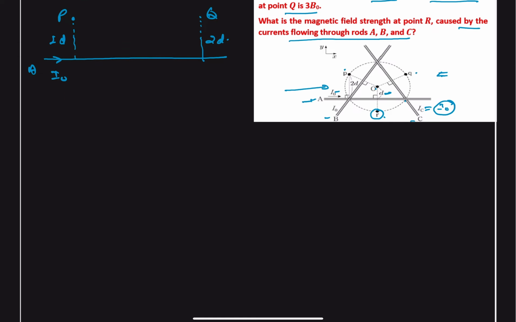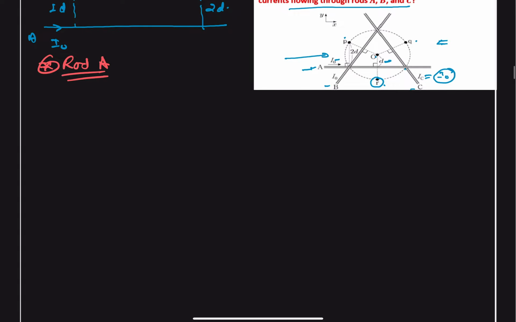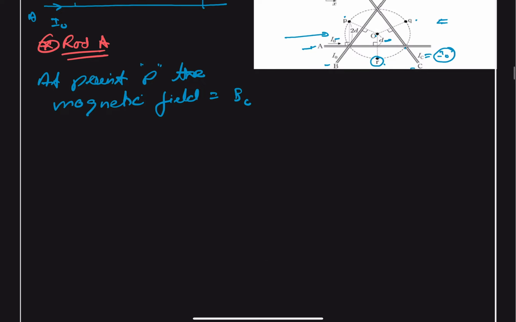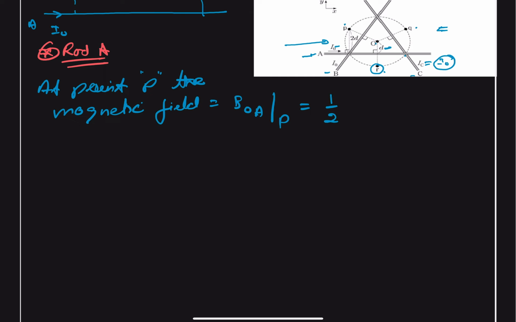So we start with our rod A. And at point P, the magnetic field, let us suppose that is given as B naught A with respect to point P, and this will be equal to half multiplied by B naught, because the reference formula is with respect to distance d.